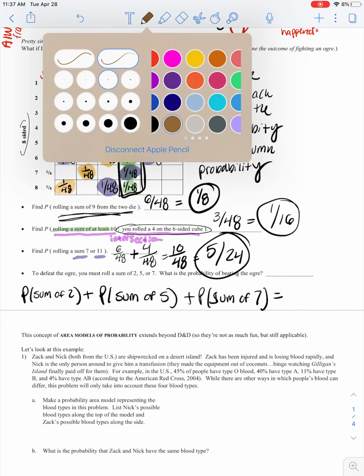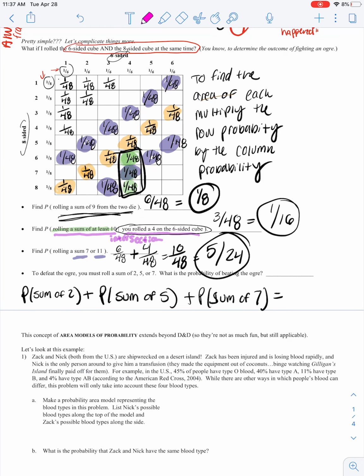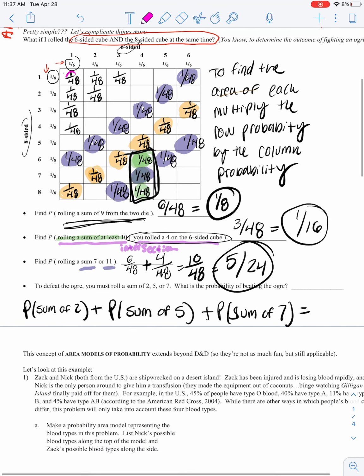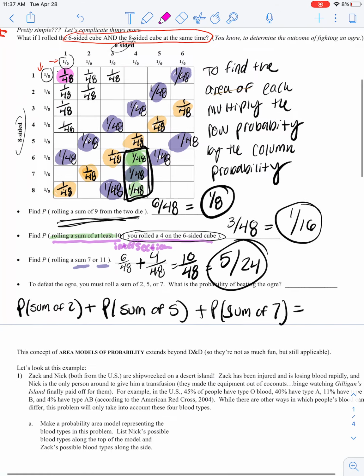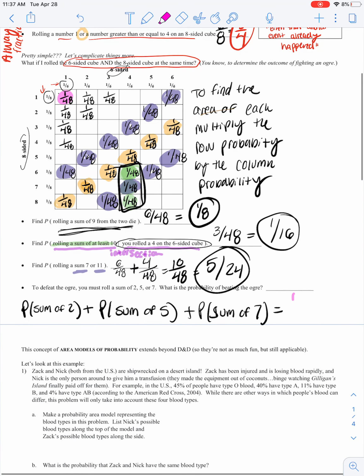Sum of 2. Let me pick a different color here. Okay, so that's 1 plus 1. 1 plus 1 is the only sum of 2 that I have. So that's 1 over 48 plus the sum of 5. So 5 is 4 plus 1, 3 plus 2, 3 plus 2 again, 4 plus 1.